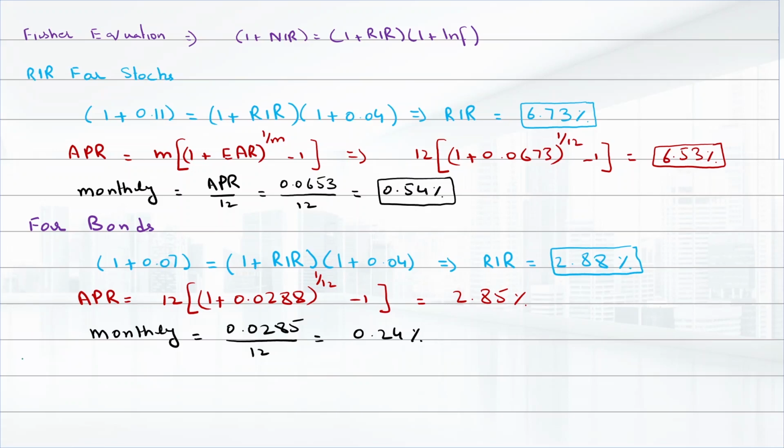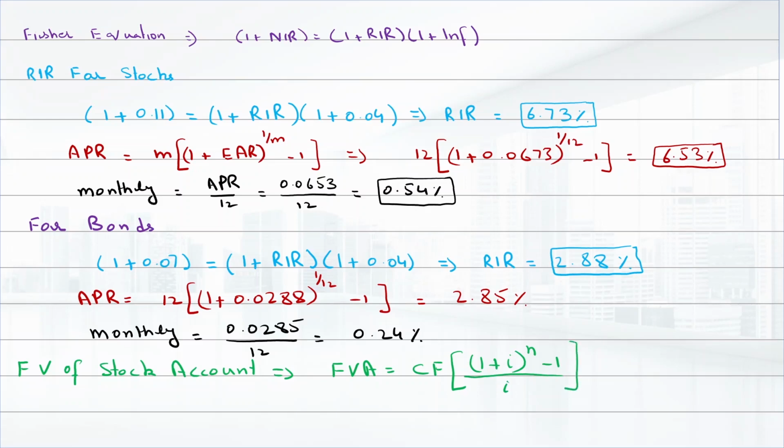So firstly, we will solve for the future value of the stock account. That is equal to the future value of an annuity: cash flow times (1 plus I raised to the power n, minus 1) divided by the interest rate.